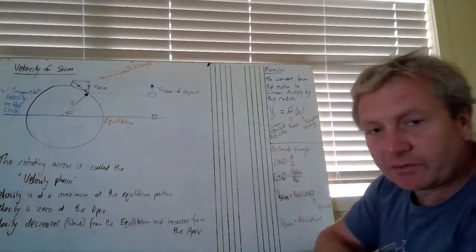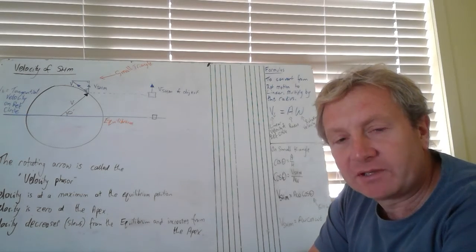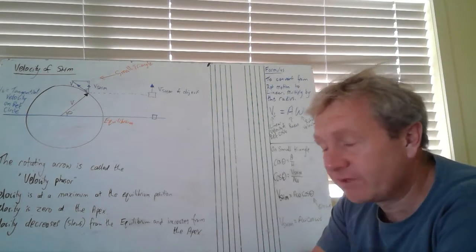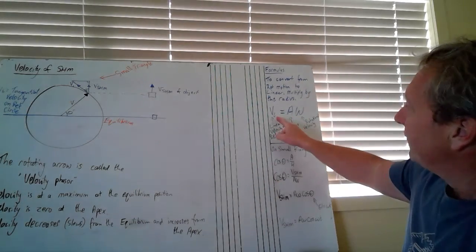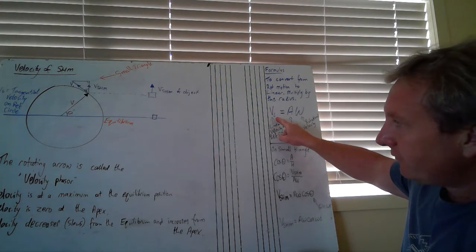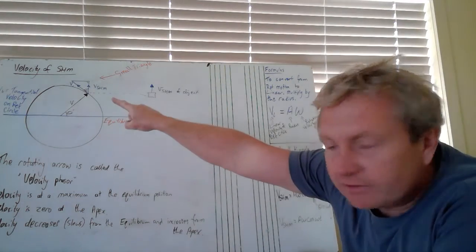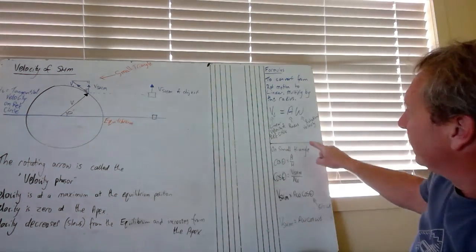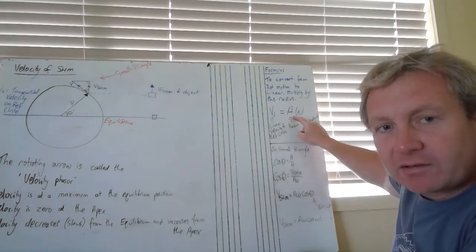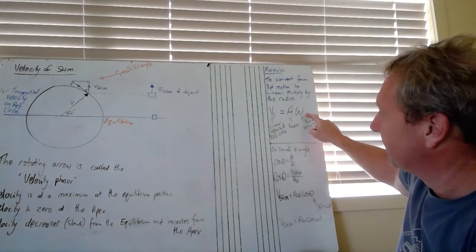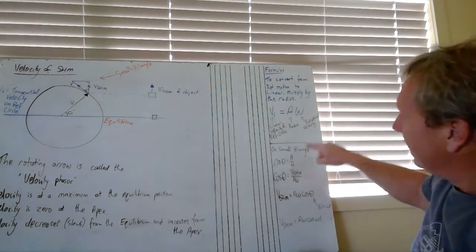A, if you remember, was the amplitude, so that would have been the radius of the reference circle when we were looking at pure rotational motion. So VL, which is our linear velocity on that triangle there, is equal to A, the amplitude, times W, the rotational velocity.